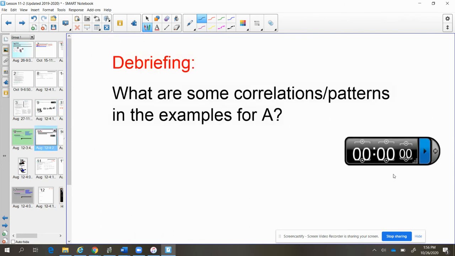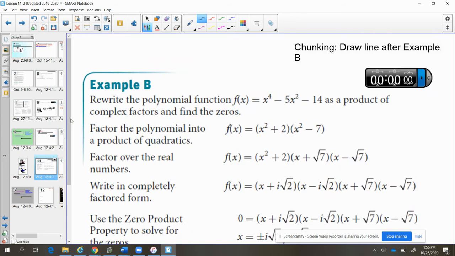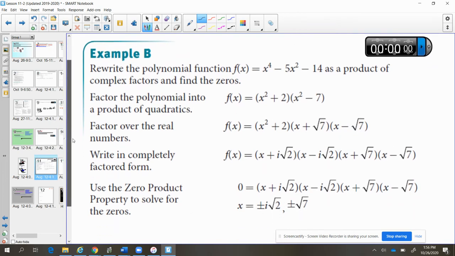Now part B then is asking us to, again, think about being able to write these as complex factors and zeros involving some factoring. So here, a reminder, treat these x to the 4th, x squared, constant ones like we do our type 2.